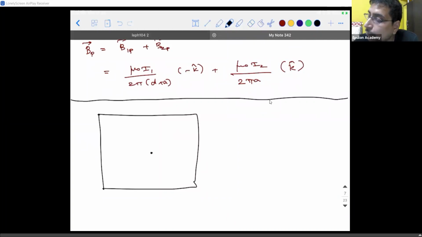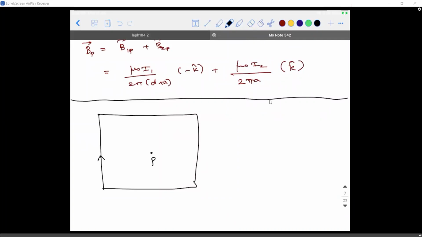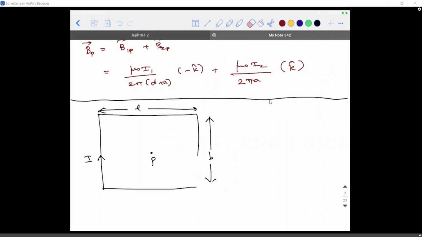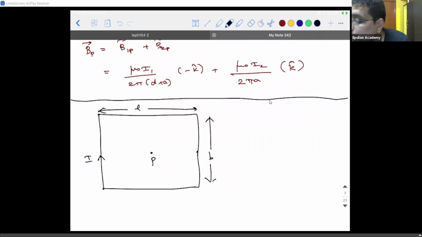Length is L and breadth is B. Okay, how many of you solved it? Did I give any other problem? Sir, an equilateral triangle. Equilateral triangle also, right?